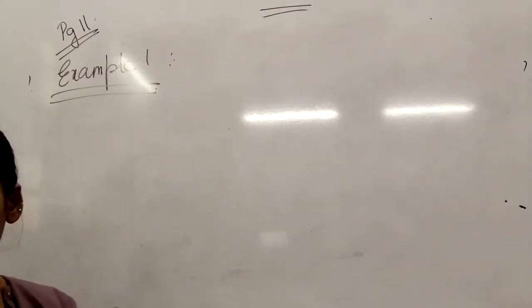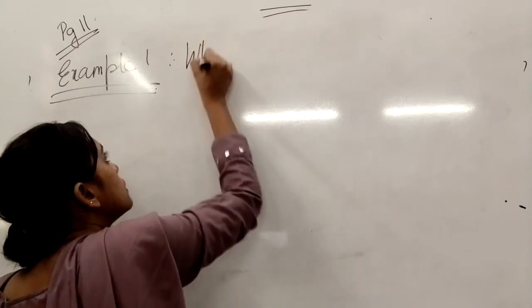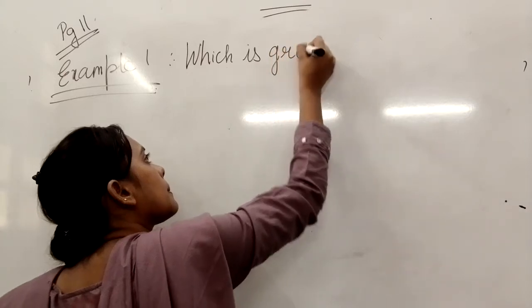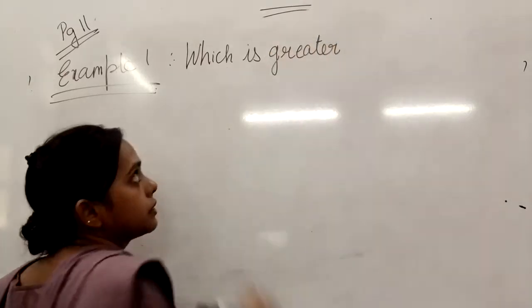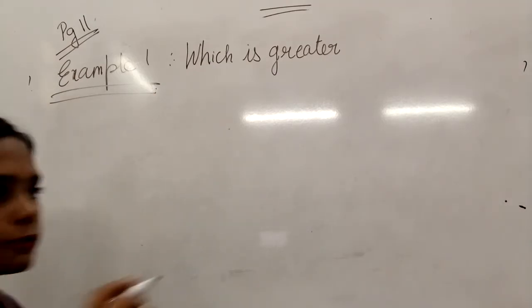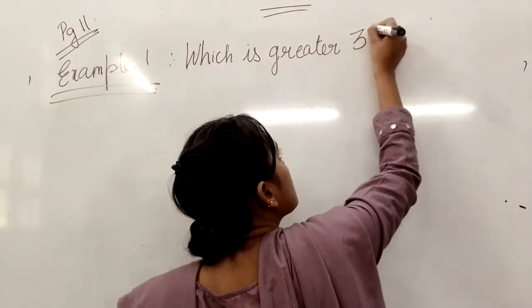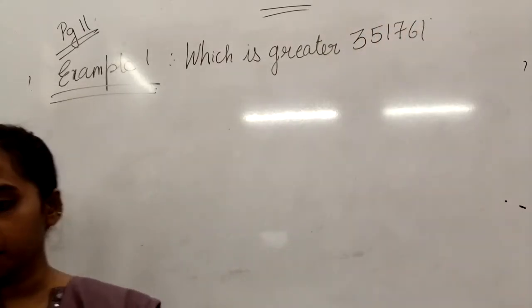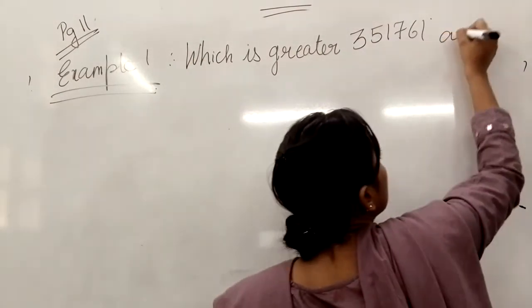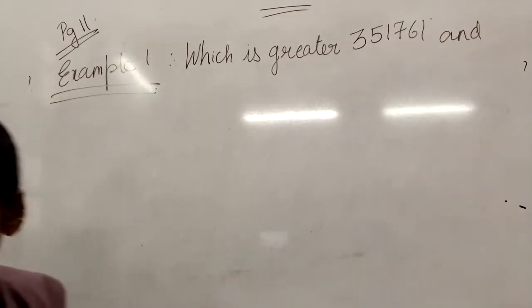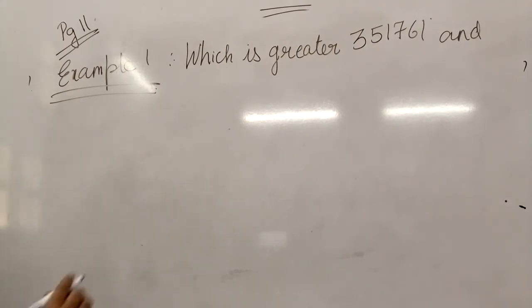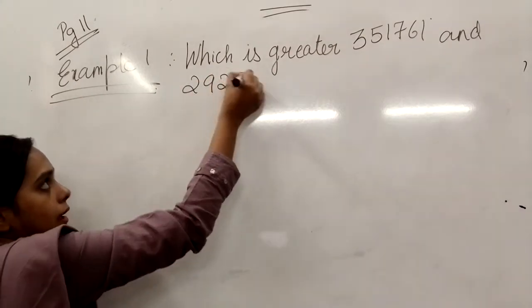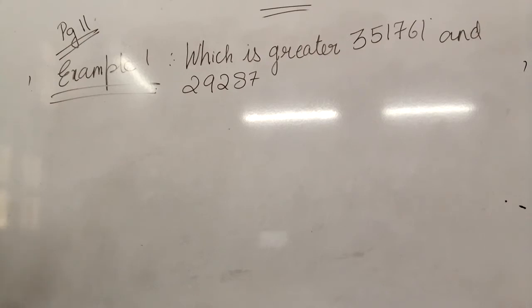Which is greater? Now, your numbers are 351,761, and the next number is 292,873.